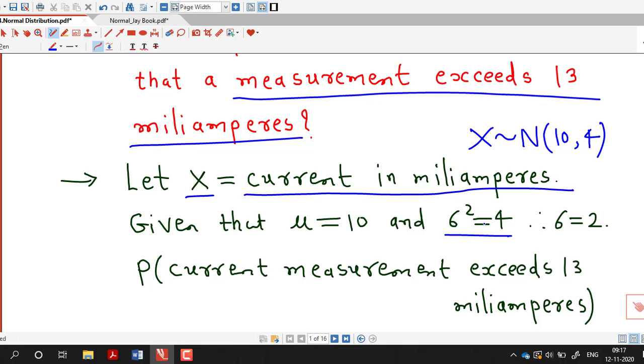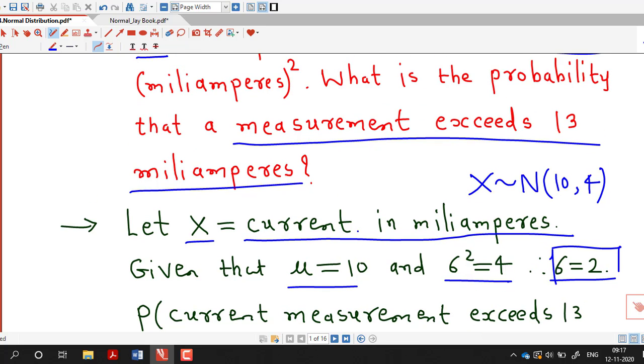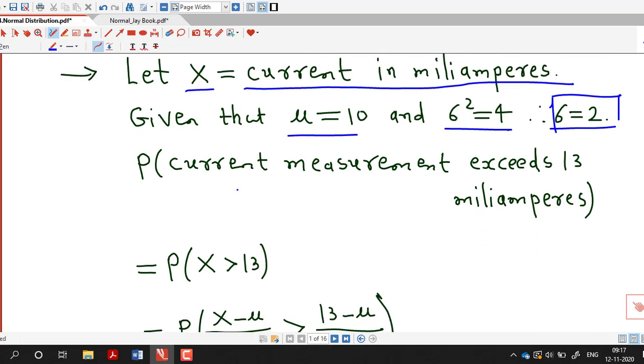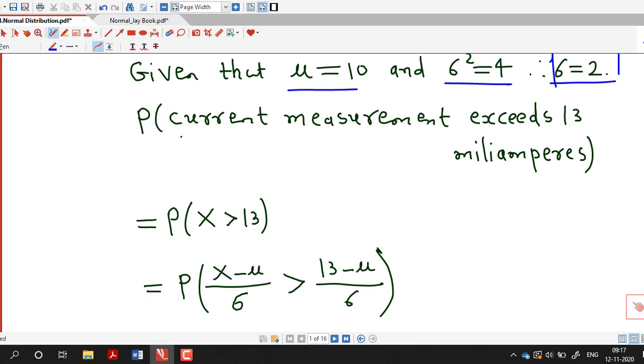So if sigma square is 4, standard deviation is sigma equal to 2. Now we have to find the probability that measurement exceeds 13 milliamperes. That is the probability that capital X is greater than 13. As we know, we first standardize this normal random variable into standard normal random variable.